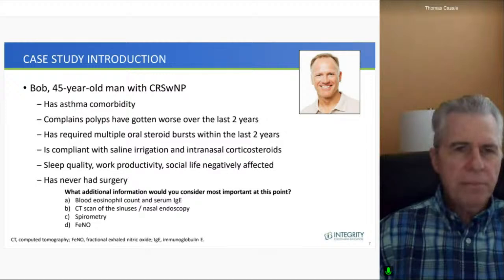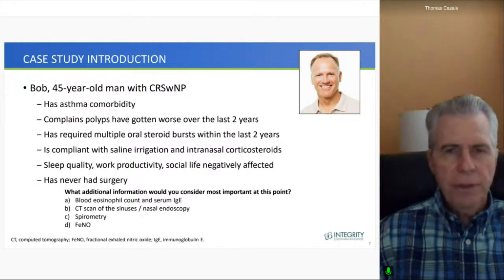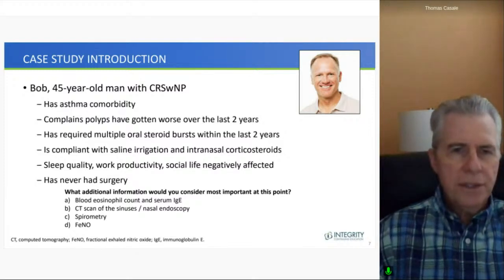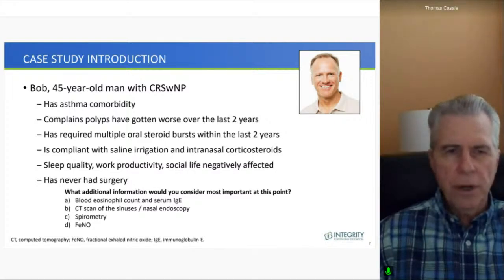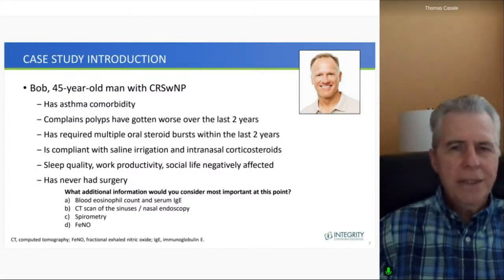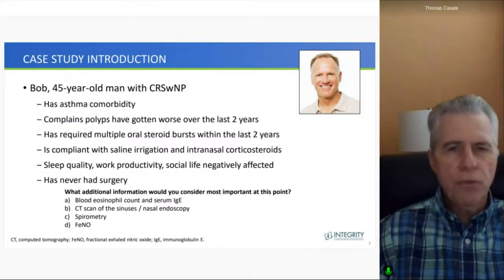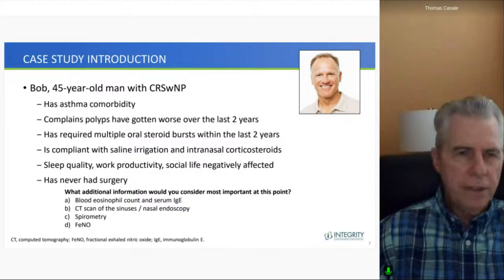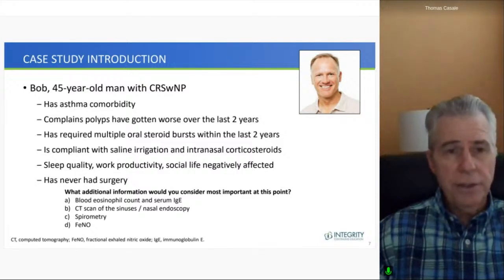He complains the polyps have gotten worse over the past 2 years and require multiple oral corticosteroid bursts. He's compliant with saline irrigation and intranasal corticosteroids, but he complains that his sleep quality, work productivity, and social life are negatively affected. He's never had surgery.